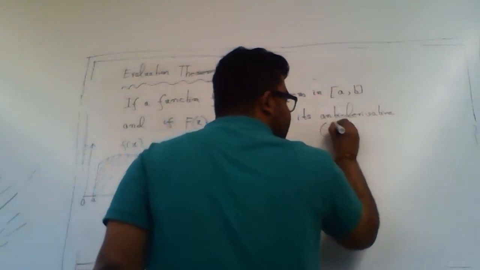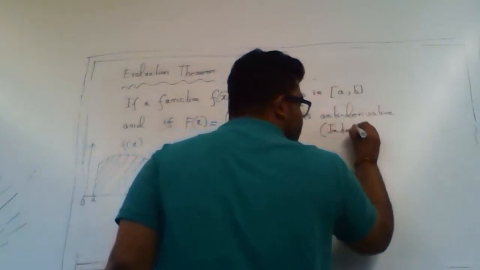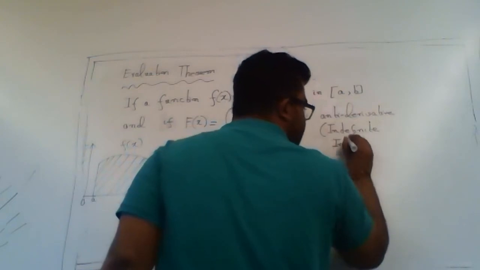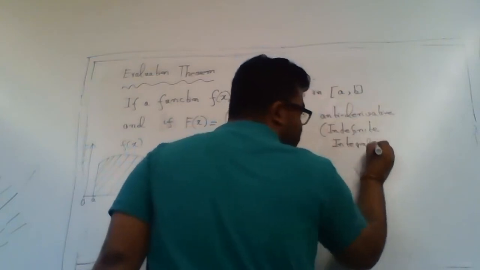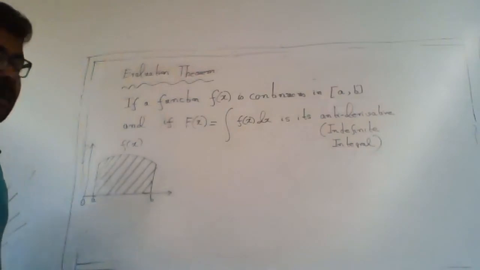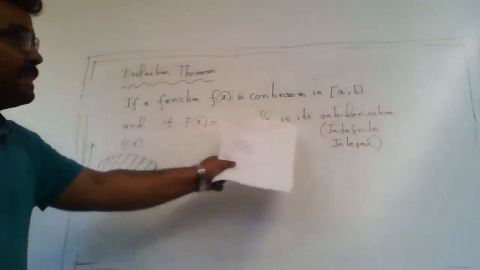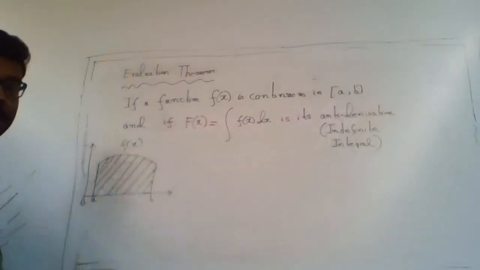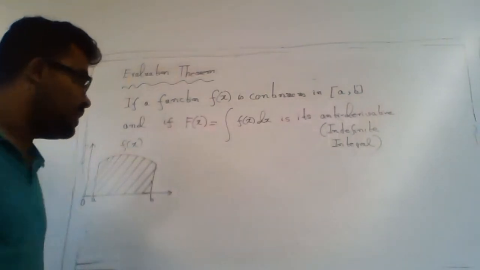Antiderivative means indefinite integral. Then the evaluation theorem says that if we somehow know its antiderivative, this area, or the definite integral, is very easy.